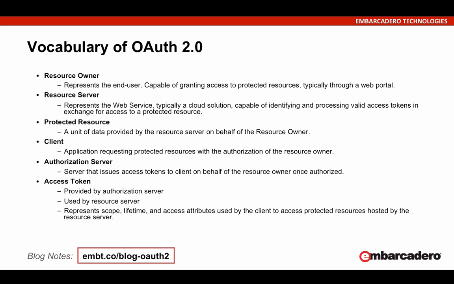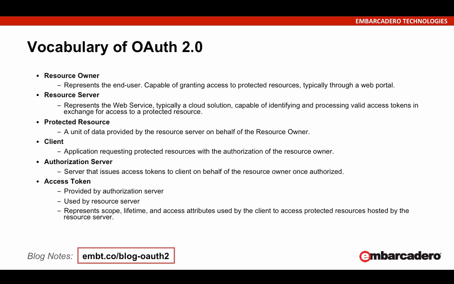The authorization server is a server that issues access tokens to the client on behalf of the resource owner, and the authorization server will handle the resource owner authorization process. Ultimately, the access token is provided to the client on behalf of the resource owner.